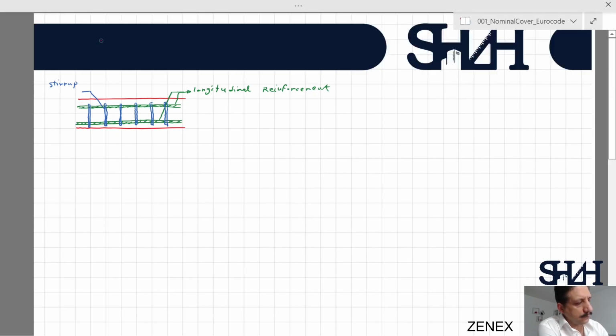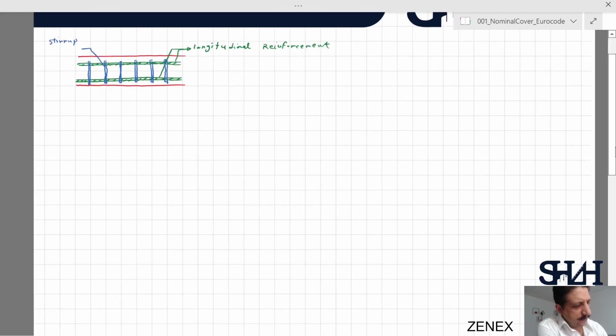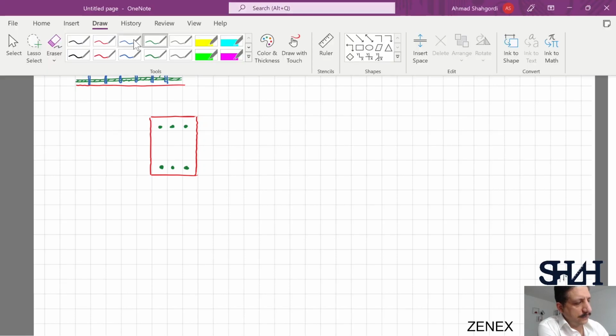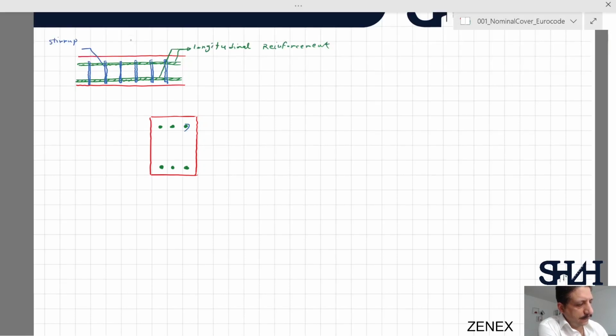Now, if we look at the cross section of the element, these are the longitudinal reinforcement and these are stirrups.